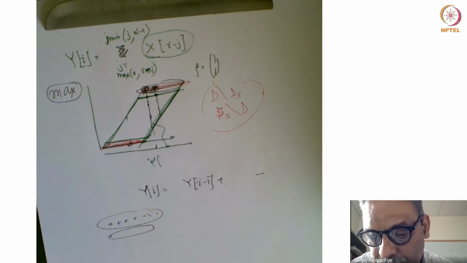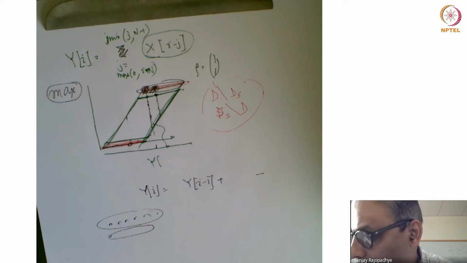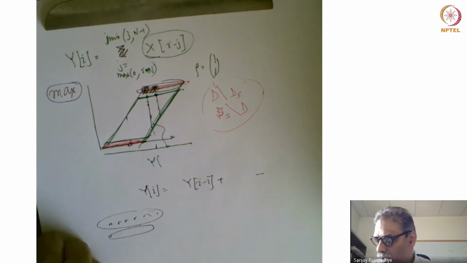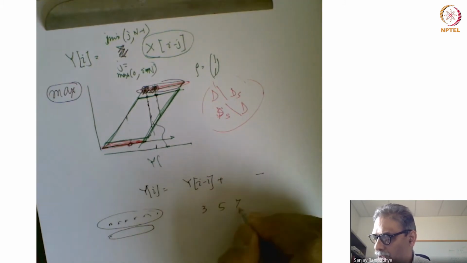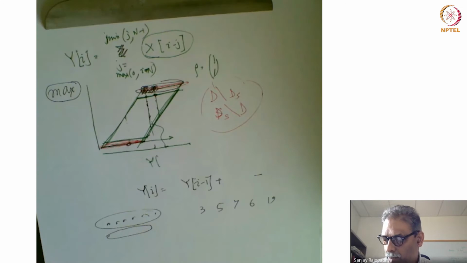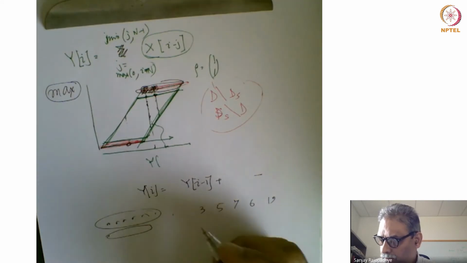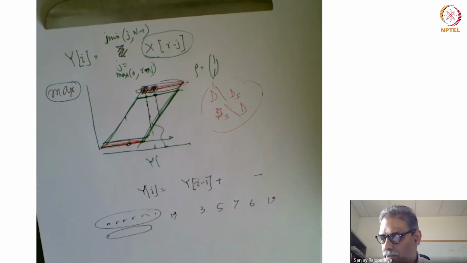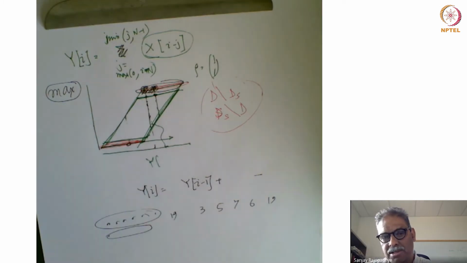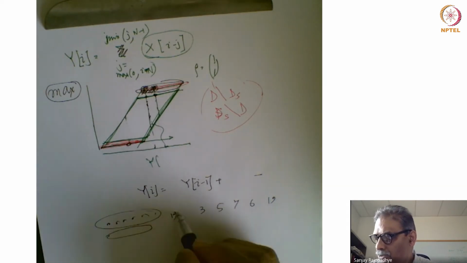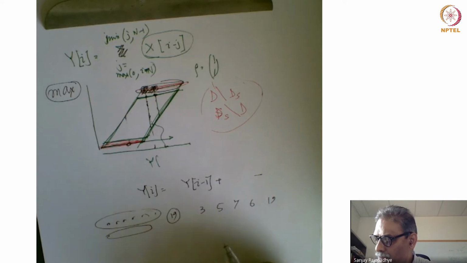No. But you have to look at that element. Suppose I give a set of elements 3, 5, 7, 6, 19. The max of that is 19. And I can compute that as I'm increasing the sets incrementally. But if I'm decreasing the sets, from the max of this, can I compute the max of this?